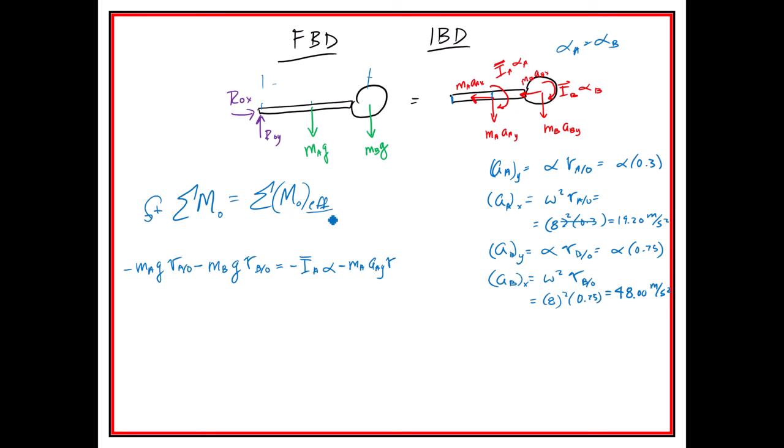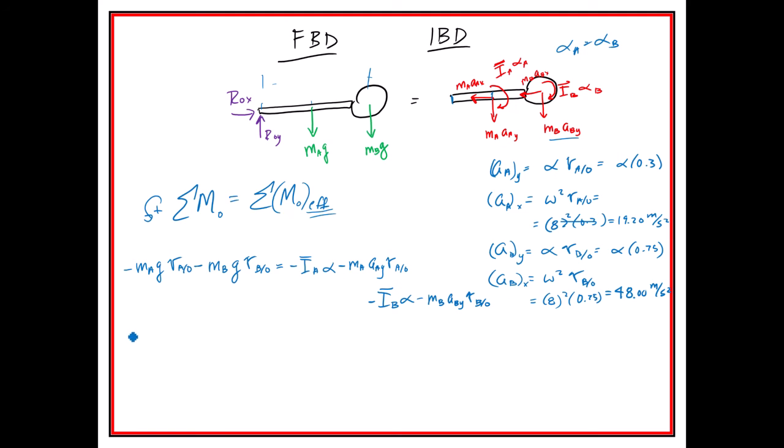It's an effective moment, we want R times a with respect to O. I'm going to run out of room here. And then we also have I_B alpha, and then minus M_B a_By R_B with respect to O.